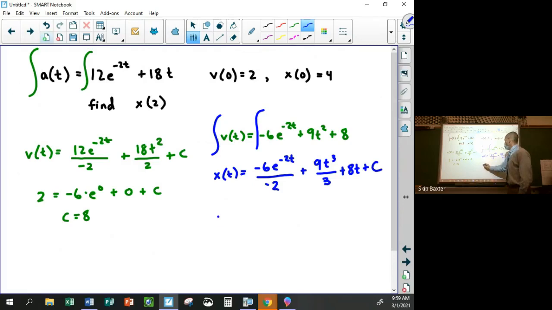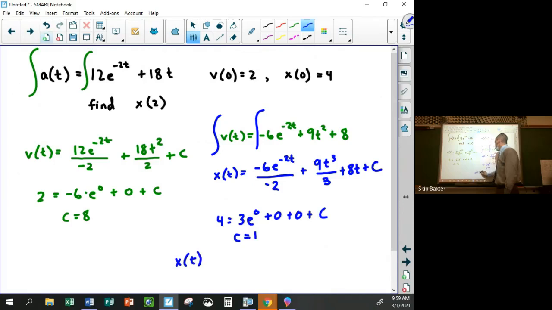So I have 4 equals 3e to the 0 plus 0 plus 0 plus c. Subtract 3 from both sides, so c equals 1. So now I have a position function, x of t equals 3e to the negative 2t plus 3t cubed plus 8t plus 1. Now I can just plug 2 in.